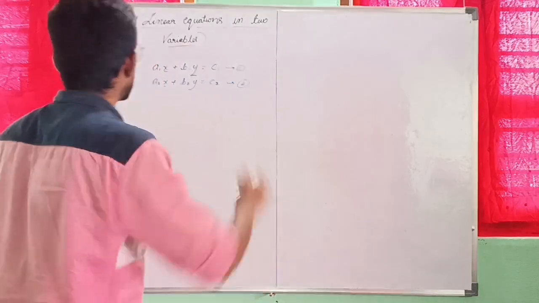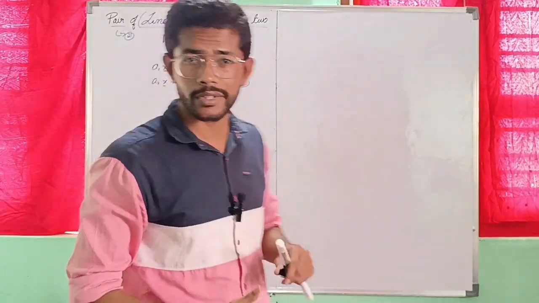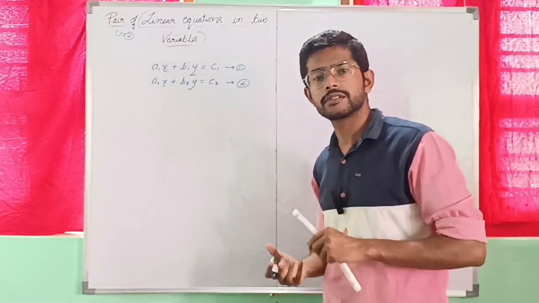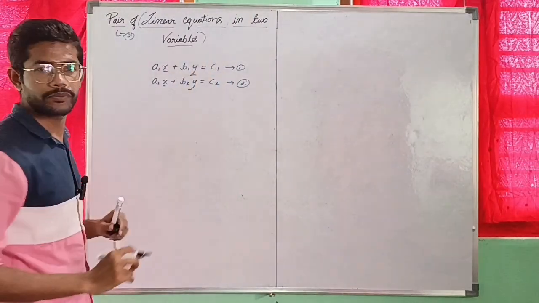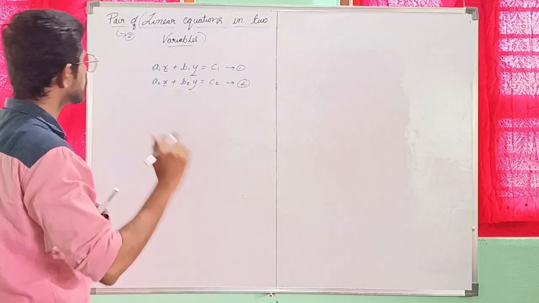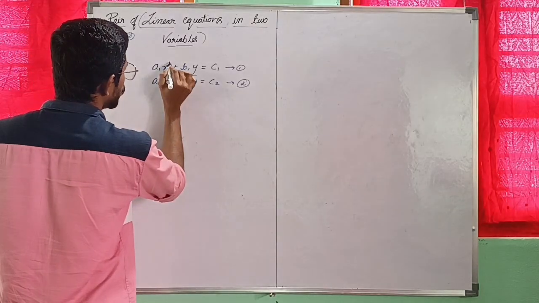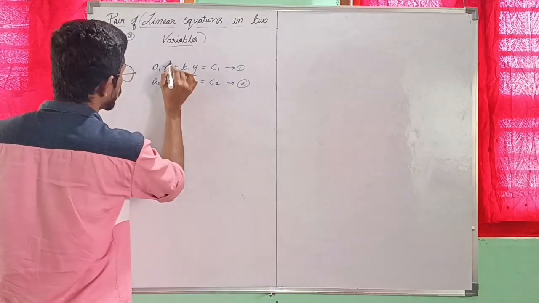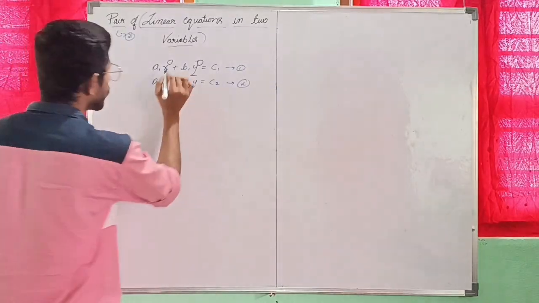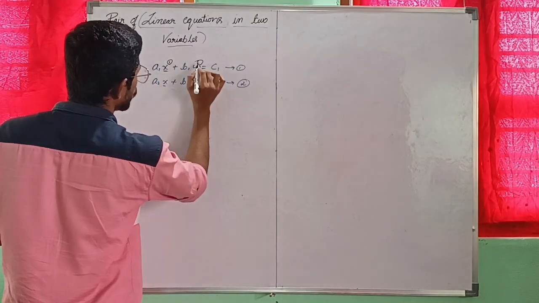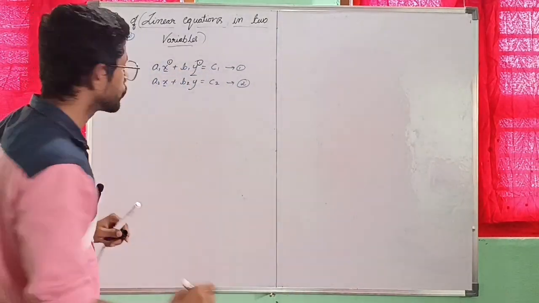First of all, what is a linear equation? A linear equation is an equation where the highest power of the variable should be 1.